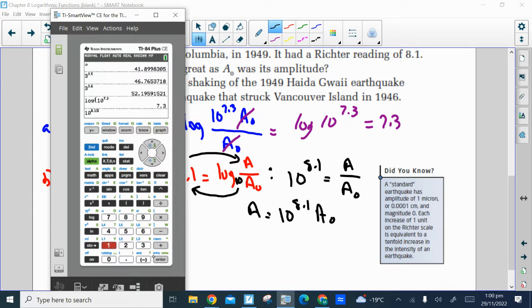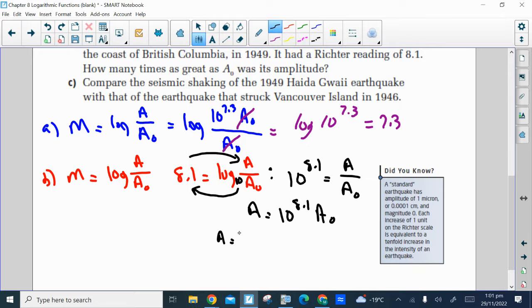It's going to be a big number. 125,892,541.2 times. So quite a bit bigger.